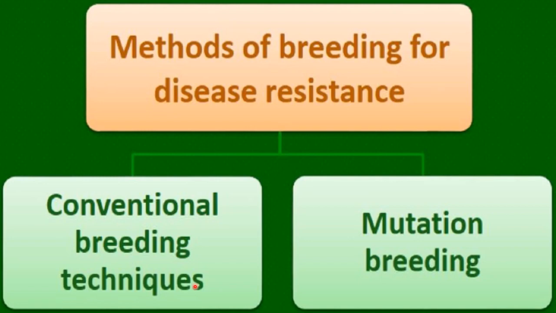The conventional method of plant breeding, all those 5 steps that you have done, those are conventional plant breeding method, right? So by conventional breeding technique, we can make a plant disease resistant, right? And another method is by mutational breeding. So we will study about mutational breeding also.